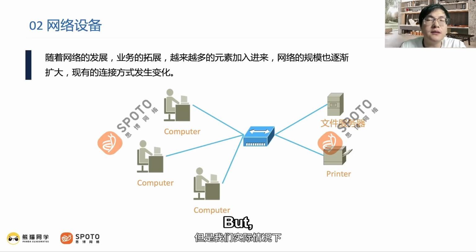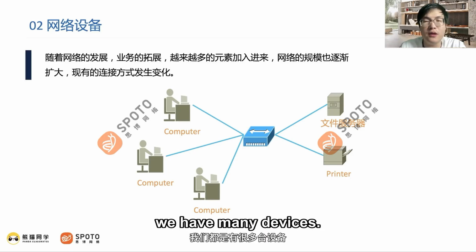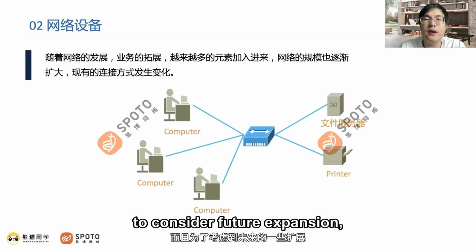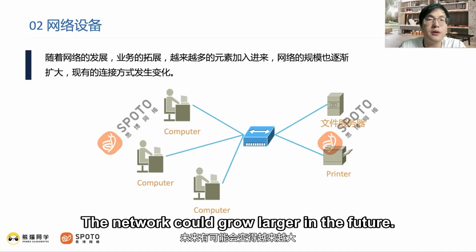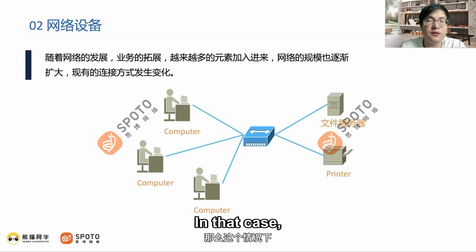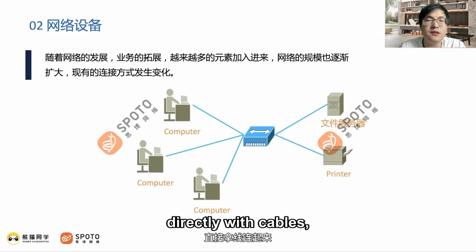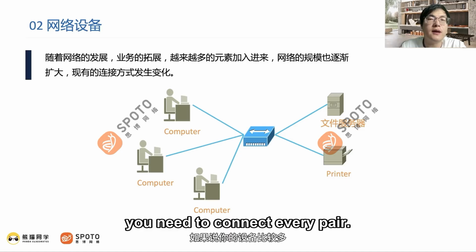But in our actual situation, in the vast majority of environments, we have many devices, and we also need to consider future expansion. Right? Our network cannot stay like this forever. The network could grow larger in the future. In that case, if we still connect one device to another directly with cables, you will find that if you have many devices, you need to connect every pair.